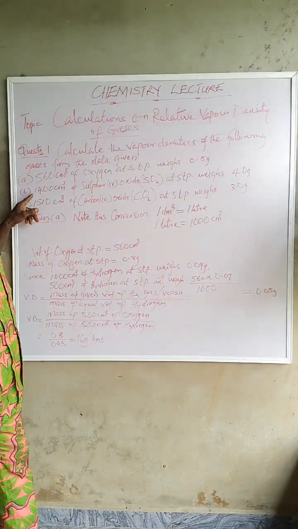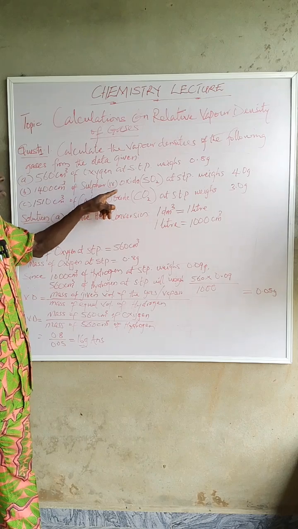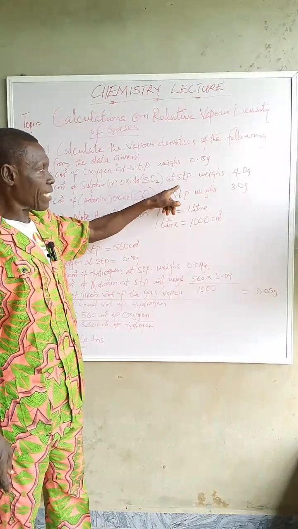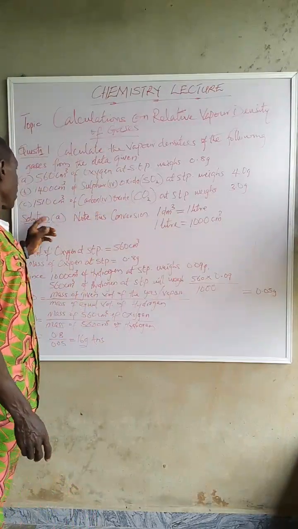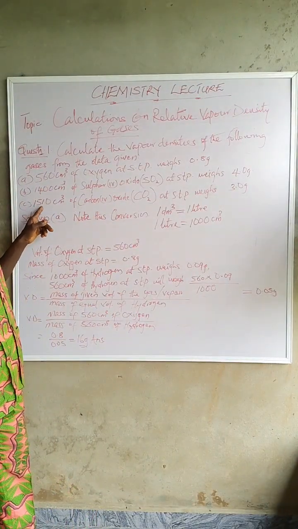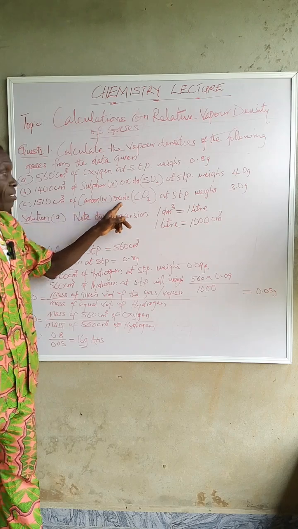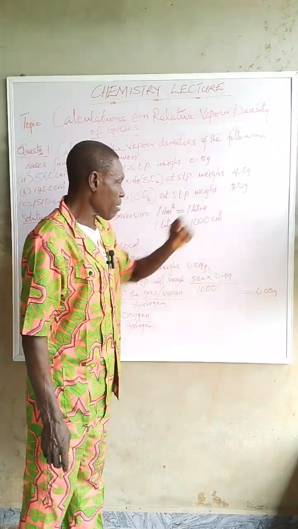B: 1,400 cm cube of sulfur(IV) oxide at STP weighs 4 grams. C: 1,510 cm cube of carbon(IV) oxide at STP weighs 3 grams.